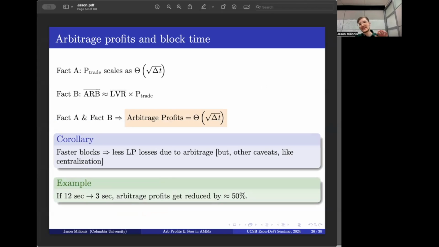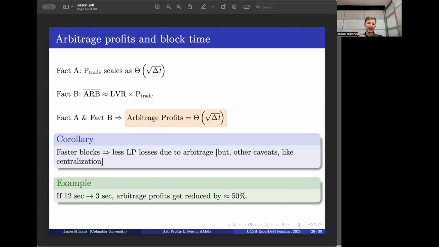And so basically, let's see what we have previously from the slides. Fact A that we have is that the probability of trade scales with the root of the block time. And fact B is that the rate of arbitrage profit is roughly going to be the rate of lever times the probability of trade.